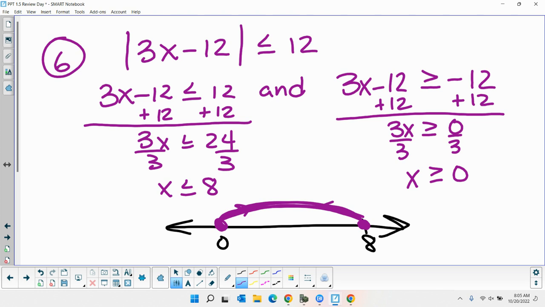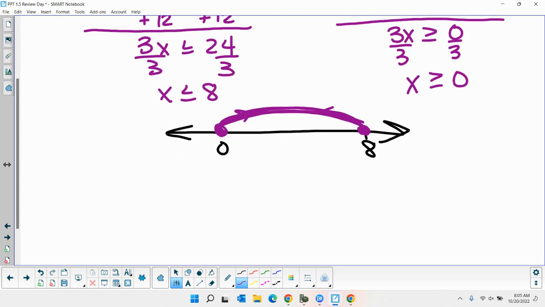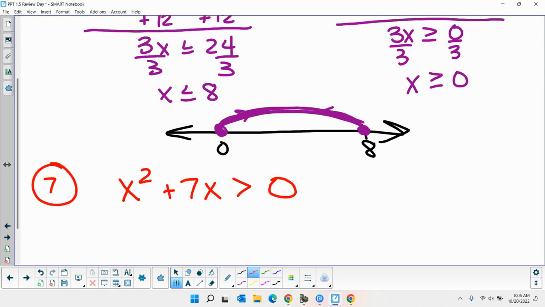All right, 7 and 8 are quadratic formulas. Not formulas, but quadratic inequalities. You could use a quadratic formula if you don't like factoring, but I would factor to be quicker. What's the first thing I always do when we factor?